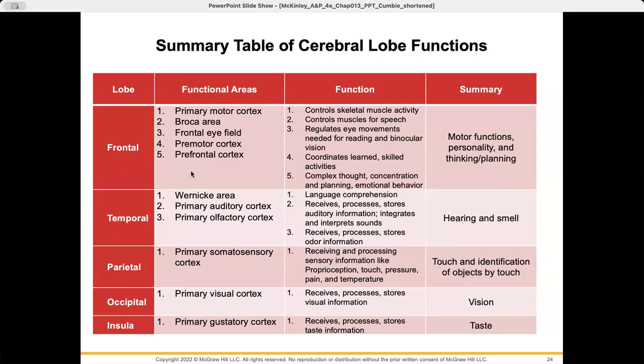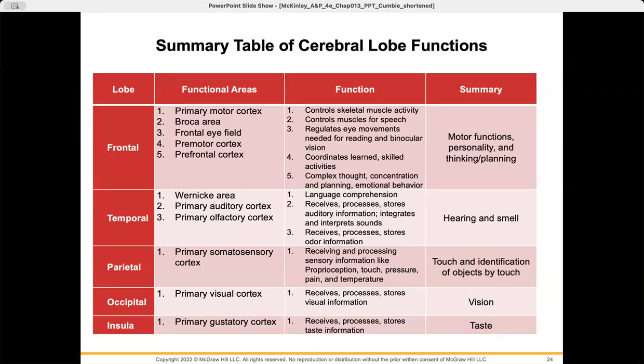If things happen to the frontal lobe, it can affect your motor function, your personality, your ability to think and plan. If things happen to the temporal lobe, it affects your hearing and smell. The parietal lobe has to do with touch and identification of objects by touch. The occipital lobe is vision, and the insula is taste.